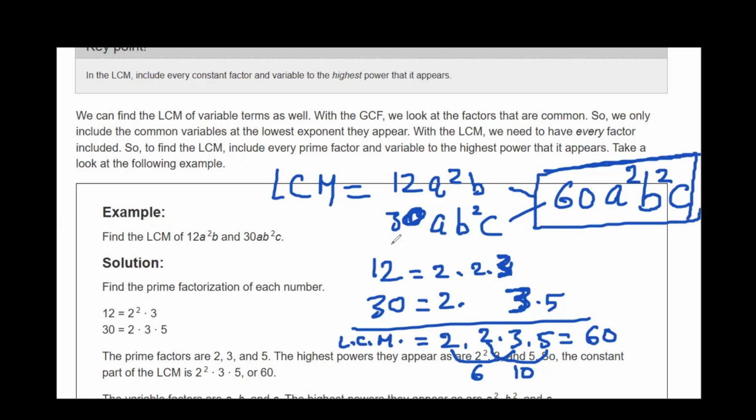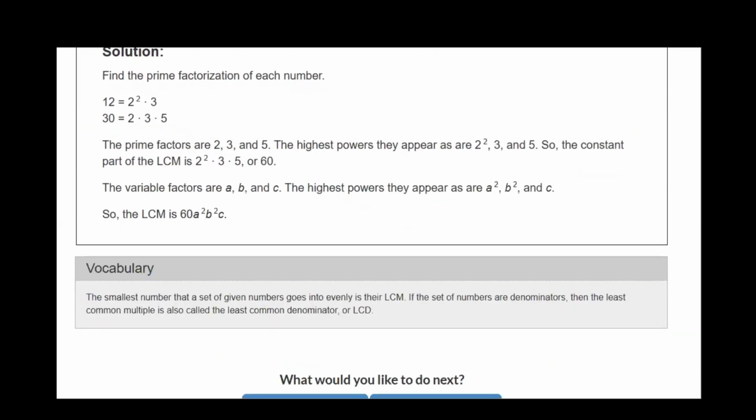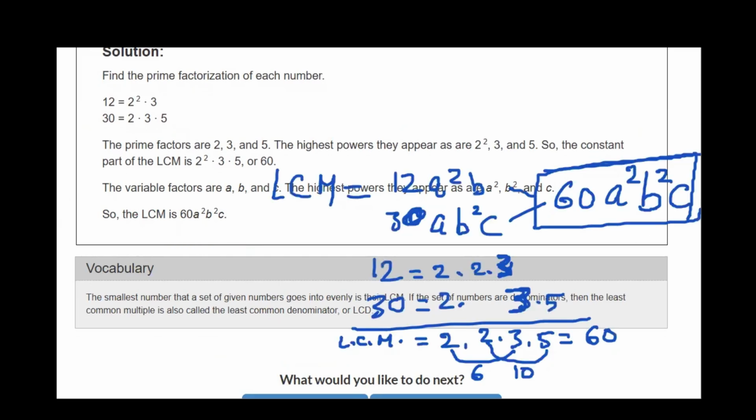So this should be the answer: 60 a squared, b squared, c.